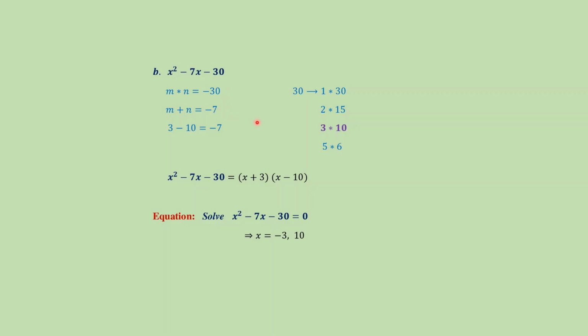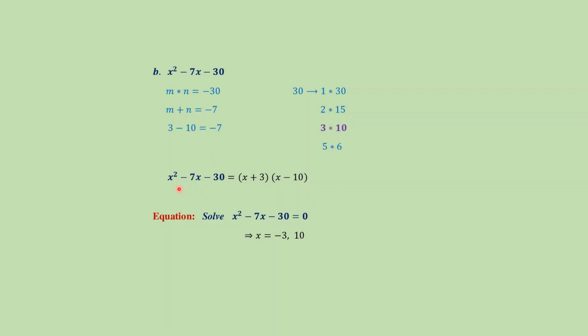Finally, which two numbers satisfy m times n equals negative 30 and m plus n is negative 7? It's definitely 3 and negative 10, because 3 minus 10 is negative 7. So m and n will be 3 and negative 10.